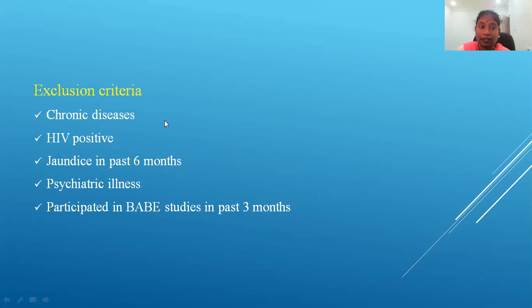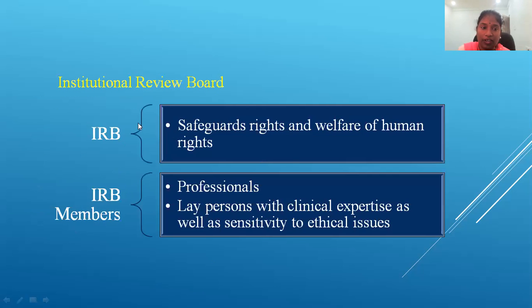We have to check whether the subject has any chronic diseases or HIV, or in the past 6 months has suffered from any disease such as jaundice, or suffers from any psychiatric illness. And if he has already participated in BA studies in the past 3 months, or has been administered drugs or not, everything has to be considered. So that is the criteria of exclusion.